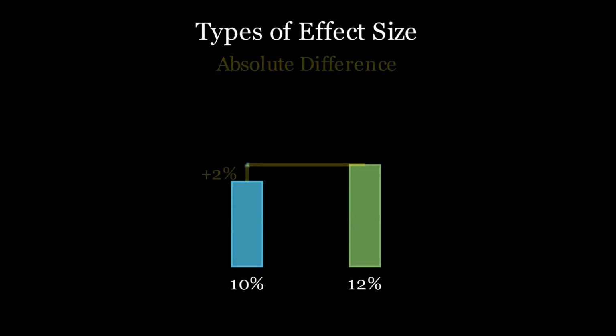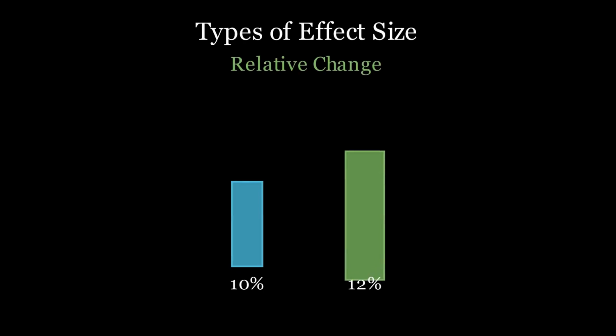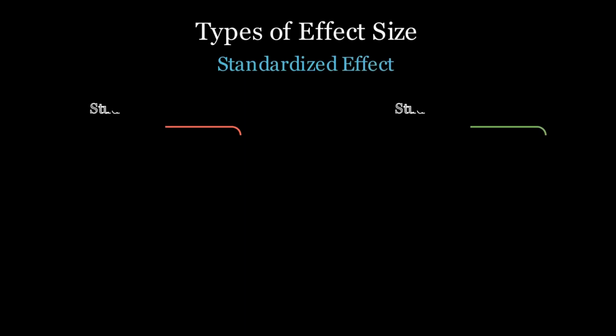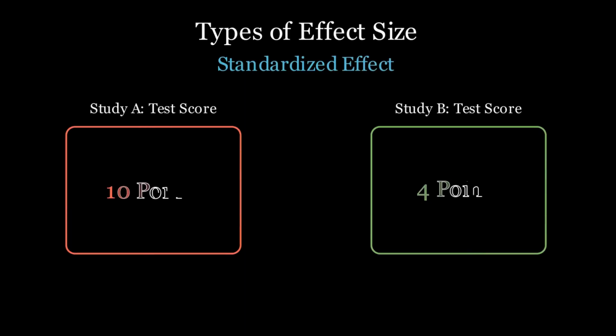Simple, direct, easy to understand. Second, relative change. Now we look at change relative to the starting point. 10% to 12% equals a 20% increase. Same data, different story. This is why sometimes numbers can be misleading if you don't look carefully.